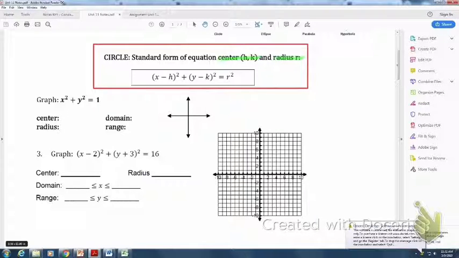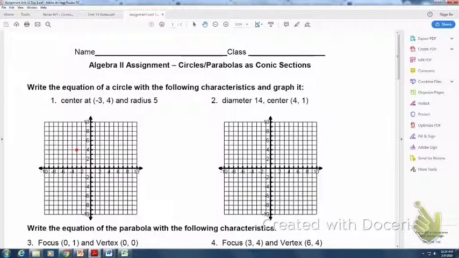Right there. And then your radius is 5. Now, if you've forgotten what the radius is, that's the distance from the center point to the outer part of the circle. Whenever you're graphing it, from that center point, I would count up 5, right 5, down 5, and left 5 from that center point.